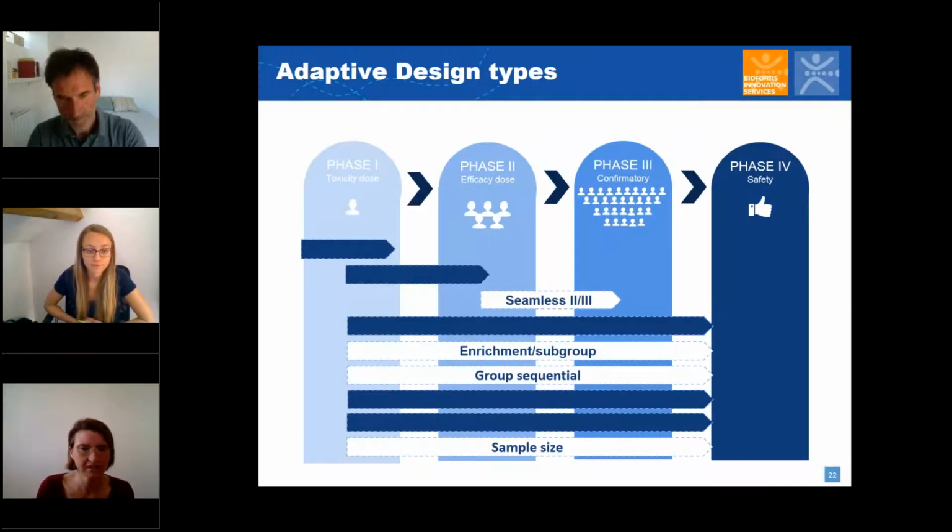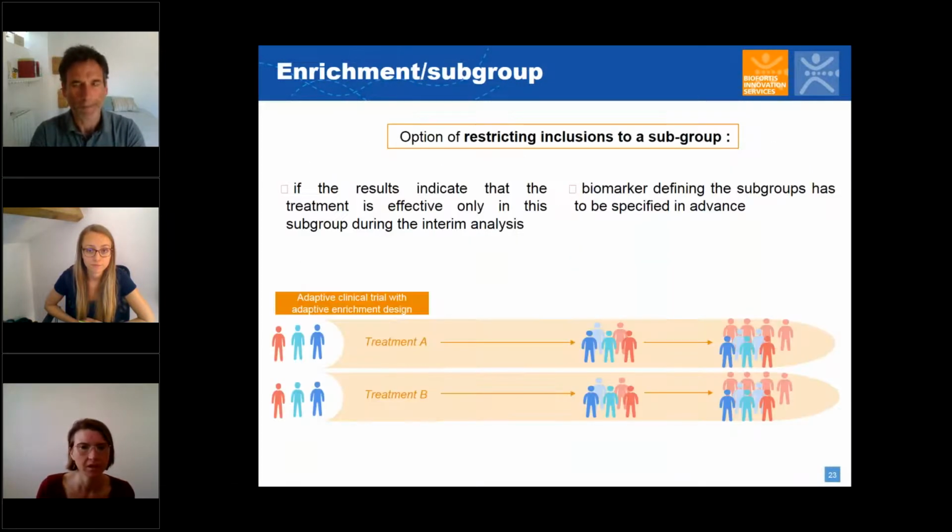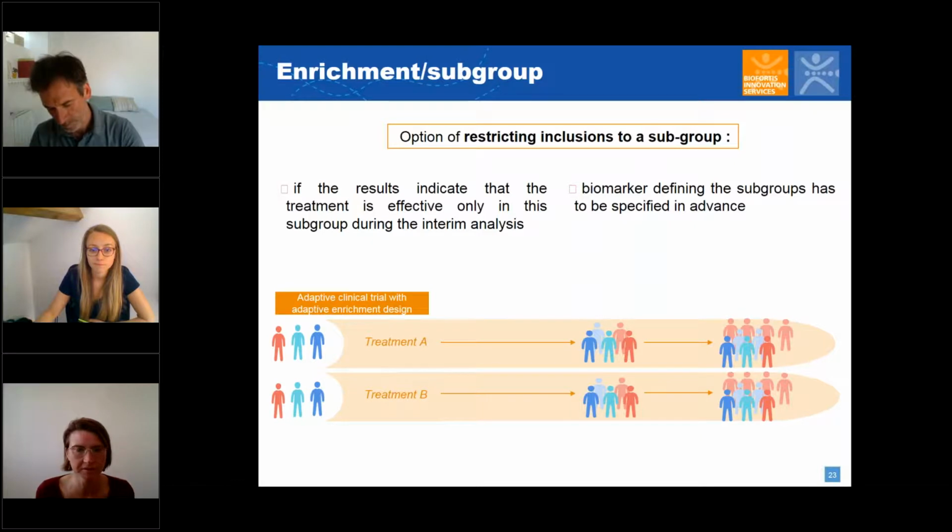We will now discuss adaptive enrichment design. Enrichment of a study population refers to ensuring that participants in a trial are likely to demonstrate an effect for treatment if one exists. An adaptive enrichment design is an extension to target therapies to patients who can benefit the most from the treatment.